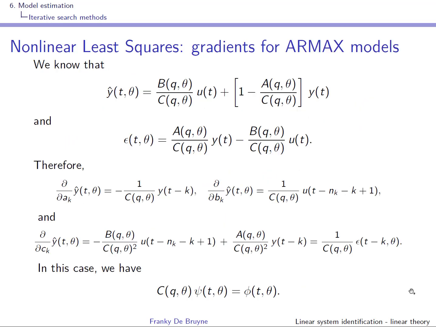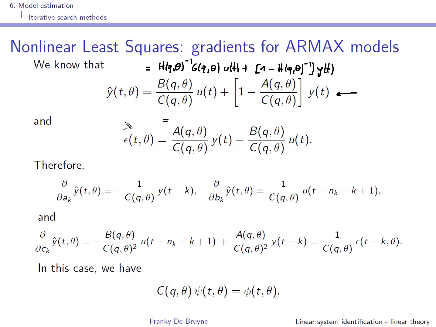We will now compute the gradients, but for ARMAX models. Remember that the one step ahead prediction is hq theta minus 1 gq theta u of t plus 1 minus hq theta minus 1 acting on y of t. Gq theta is b over a, h is c over a, so this is the one step ahead prediction that you obtained.